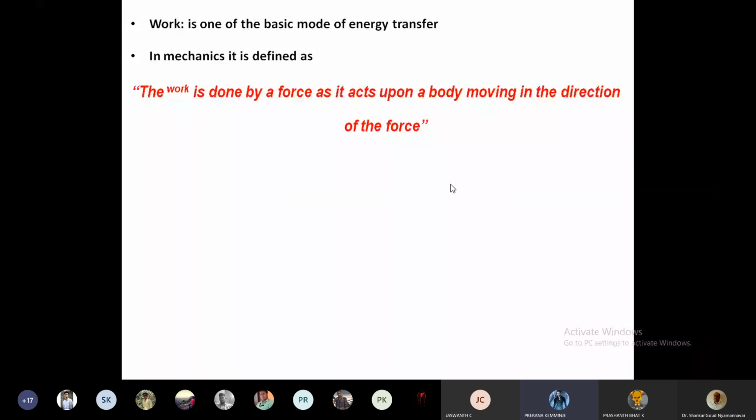What is A? A is the magnitude of the vector. B is the magnitude of another vector. Cos theta: theta is the angle between A and B, the angle between two vectors. Cosine of that angle.